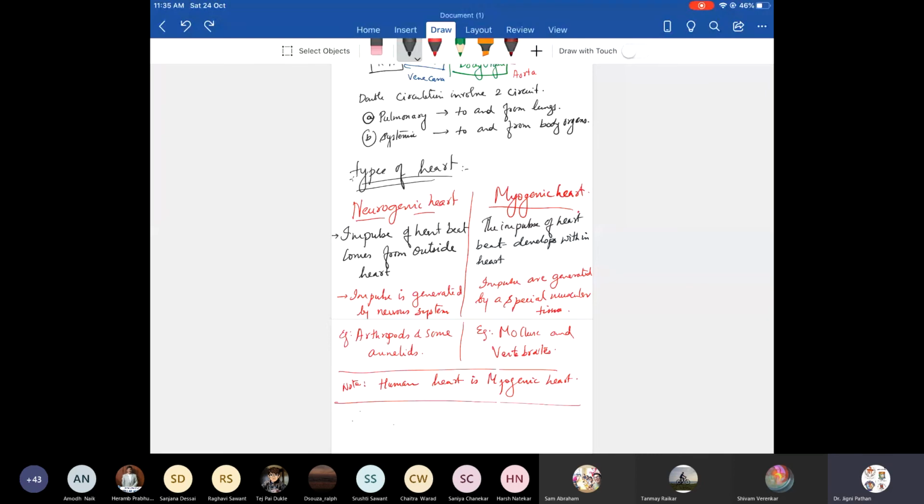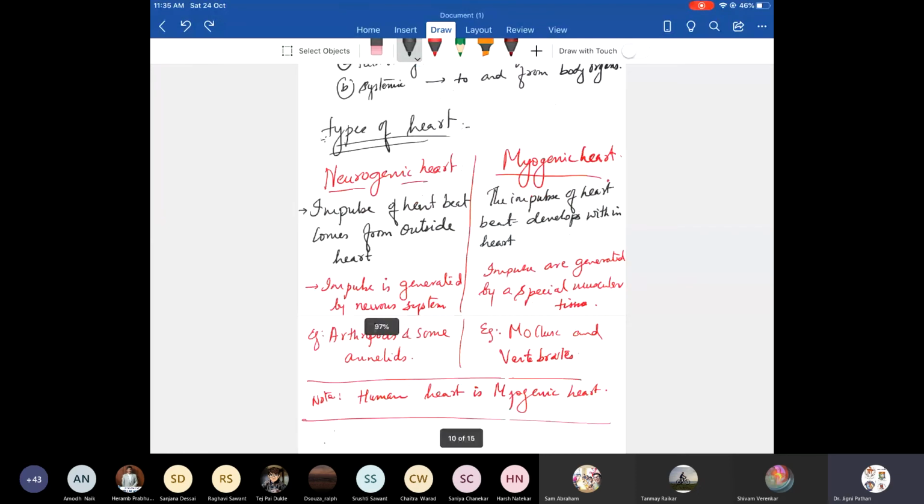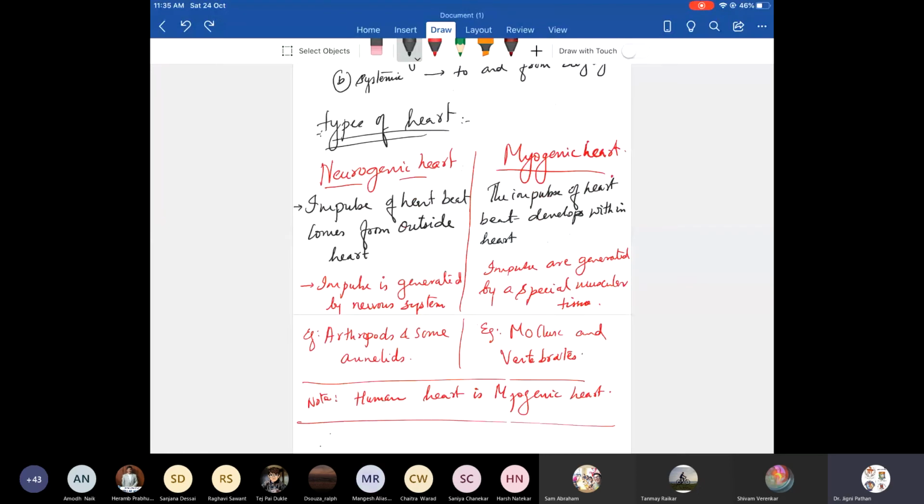What is that example? Arthropods and some annelids, mollusk. The spelling is gone.